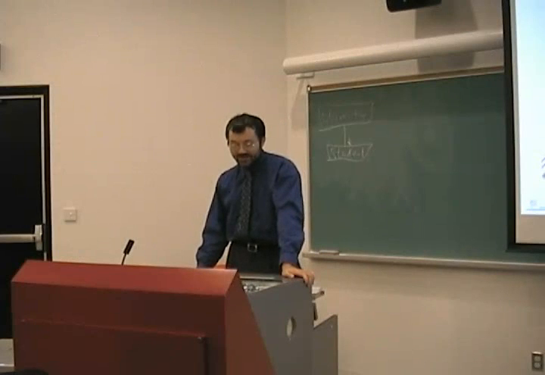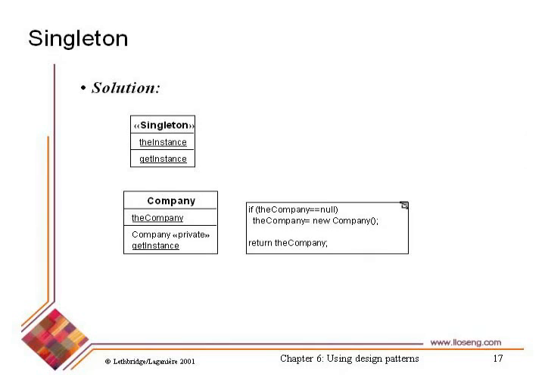So, for example, let's take a concrete case, company. Okay, I am creating a system for my company. And there's only one company here. And so what I have is a declaration that says I have a static variable of the company, which is instance of self, and then a method, get instance, okay, which returns the company.